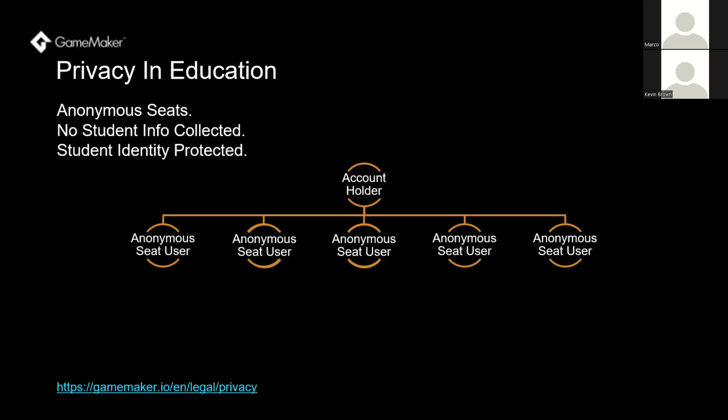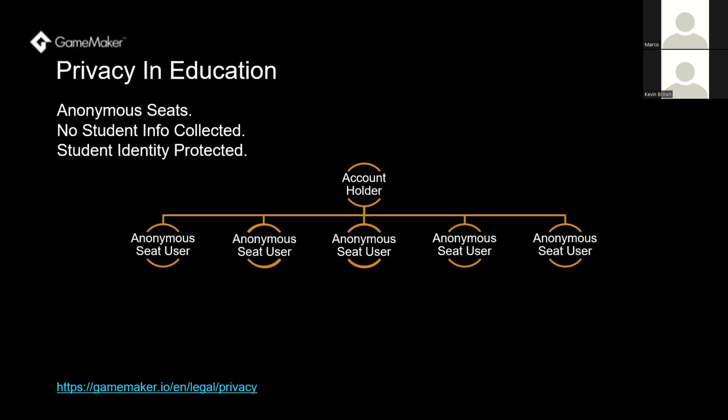Privacy in education is very important to us. The teacher will act as a seat manager and they will receive 1 perpetual educator desktop license, which they can use to investigate GameMaker and understand the required setup of the software within the school's specific network environment. The seats that are created are entirely anonymous.